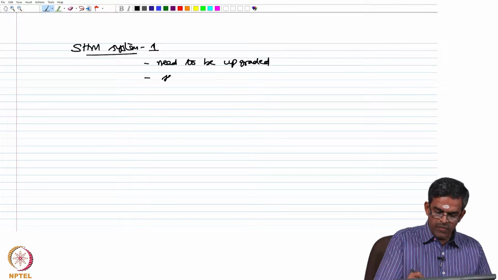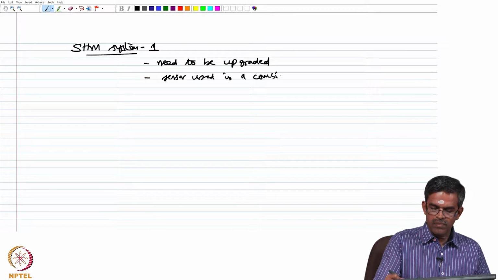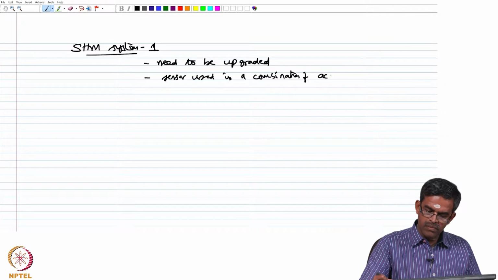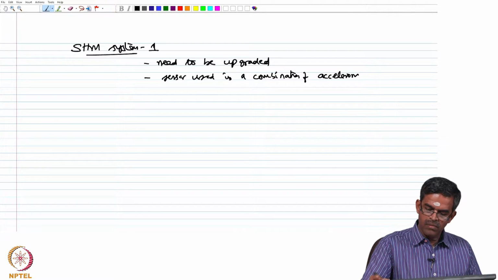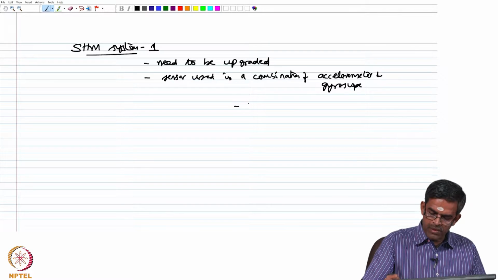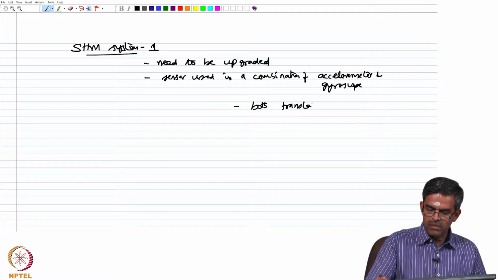The sensor we have used at present is a combination of accelerometer and a gyroscope, because we have measured the inclination as well, both translational and rotational.